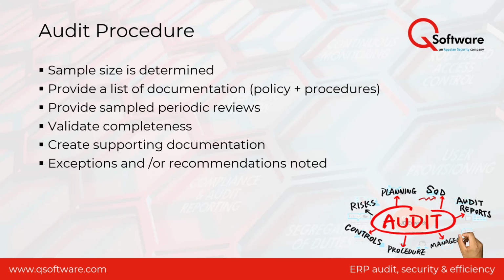and answer the questions. So what is the audit procedure? They will, at the beginning of the audit, decide what the sample size is and what they're going to ask you for. They're going to ask you for a list of the documentation, the policy and the procedures. And then they're going to take your periodic reviews and check the output.